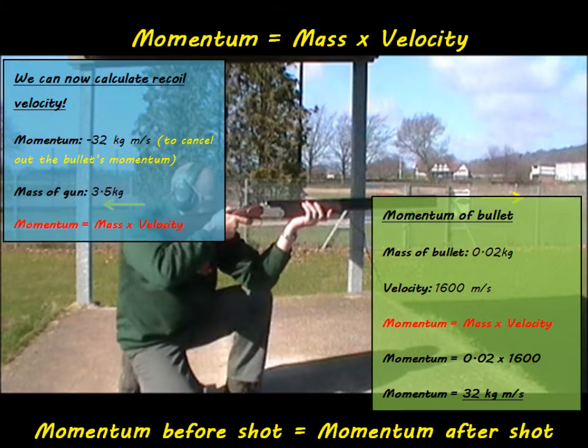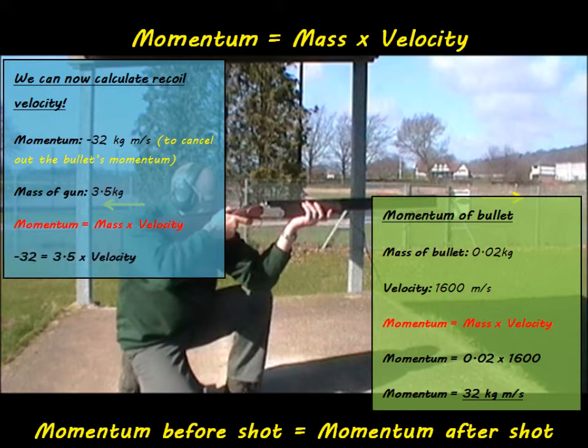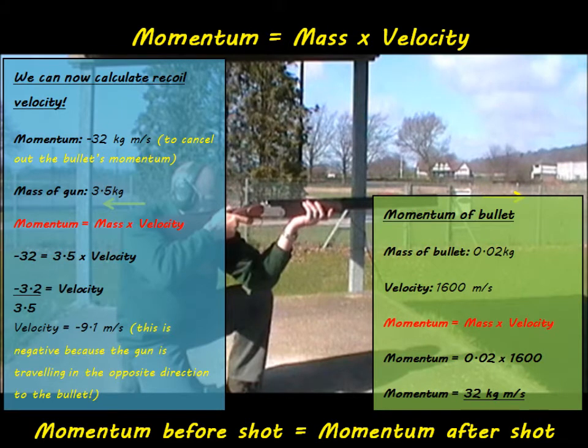So all we need to do now to calculate our recoil velocity is to substitute in our momentum of minus 32 kilogram meters per second along with our mass of 3.5 kilograms, and to slot those into our equation, and we end up with a recoil velocity of minus 9.1 meters per second, and it's negative because it's in the opposite direction to the bullet.